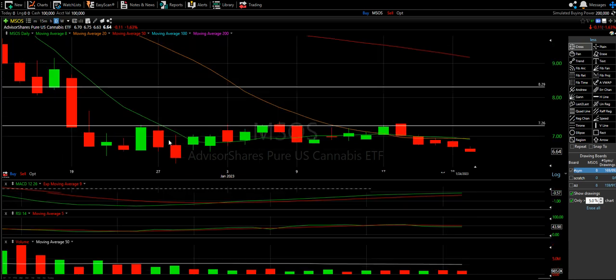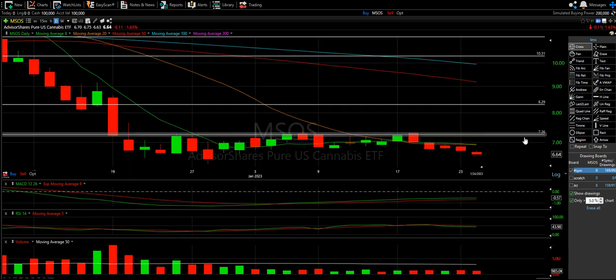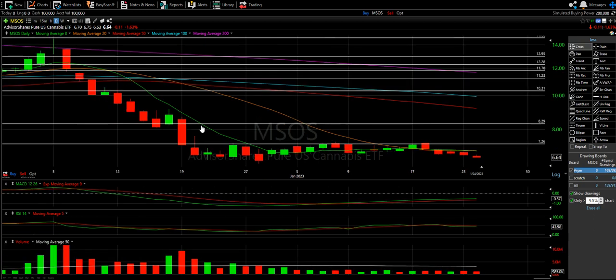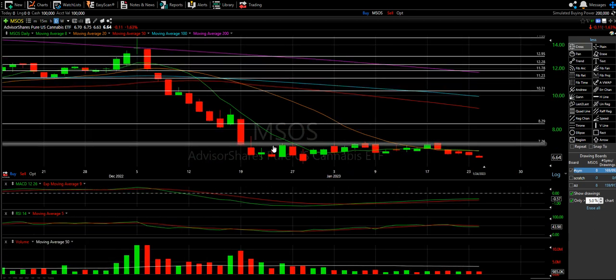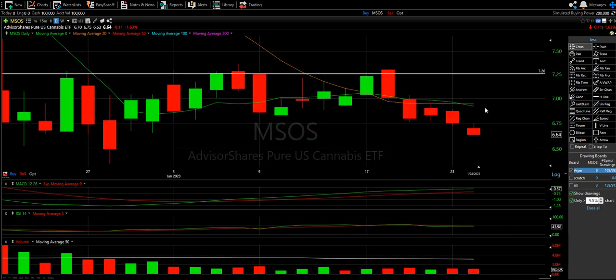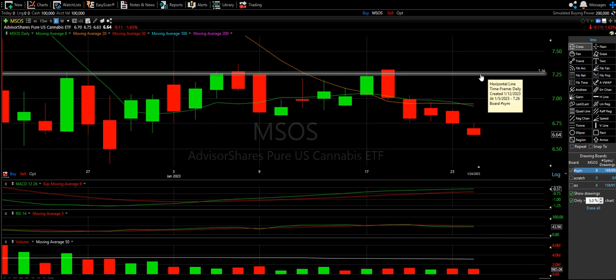But man, it never got over this line, and really all the horizontal trading from the other ones, this thing was on a hard downtrend. So the goal was that the other ones would do well and pull it up, but it went horizontal for far too long and it was unable to get the moving averages, right? So now it needs to get over this and this really for me to feel comfortable.